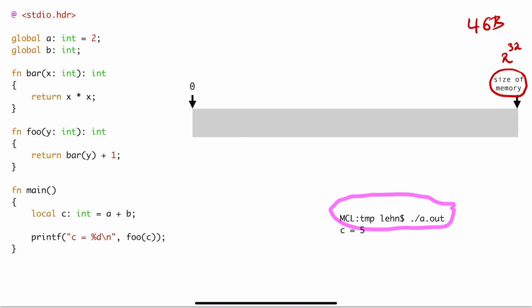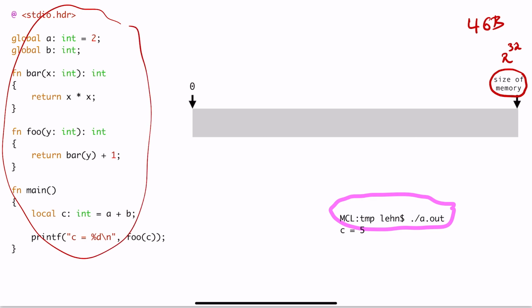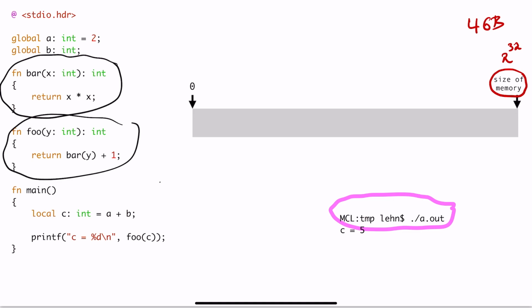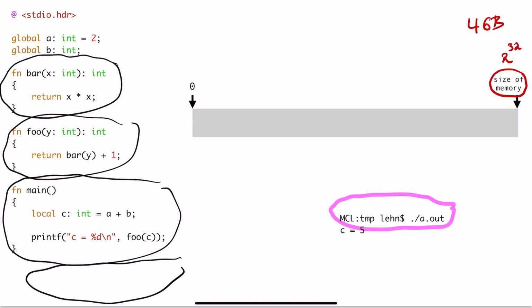Now this executable, a.out, contains the program that we have written in the form of machine code, what the compiler generated for us. So this executable contains machine code for these functions, for function bar, for function foo, for function main, and then in general also for some, you could say, hidden function, some startup function, which is usually called _start.